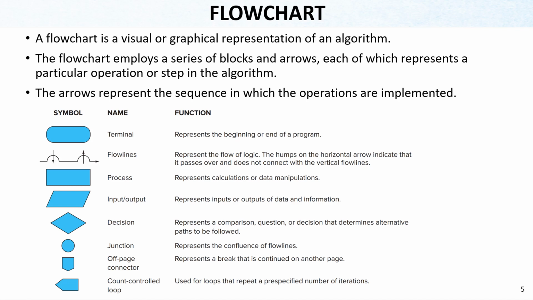If we have a parallel rectangular prism like this, it shows the inputs and outputs of data and information. And if we have a diagonal shape, inside we show a decision, a comparison, a question, a decision that determines alternative paths to be followed. And a circle is a junction, which represents the confluence of flow lines.